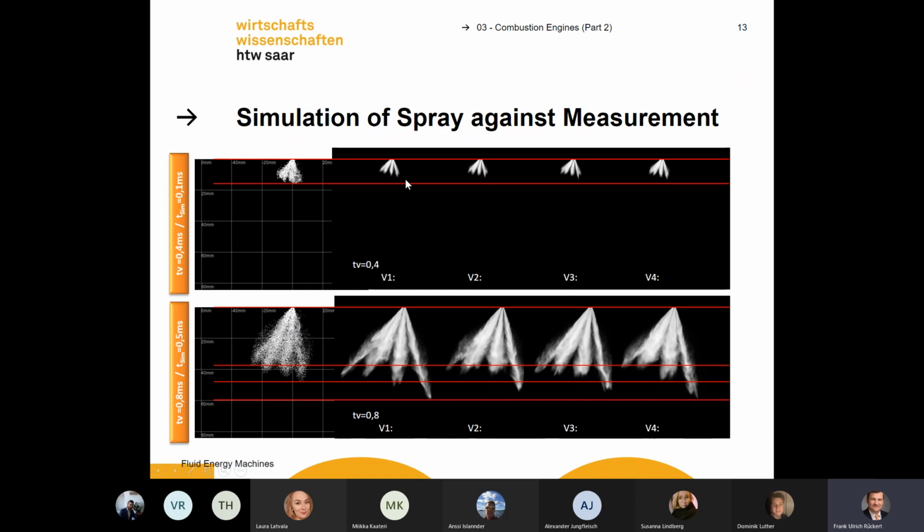But you can also make pictures. You can inject into a dark room with this injector and take a photo of it. Of course, you need a high-speed camera, and it's not so easy to do, but more or less it's a photo. Here we compare it with a computer simulation, and I think it looks quite similar.